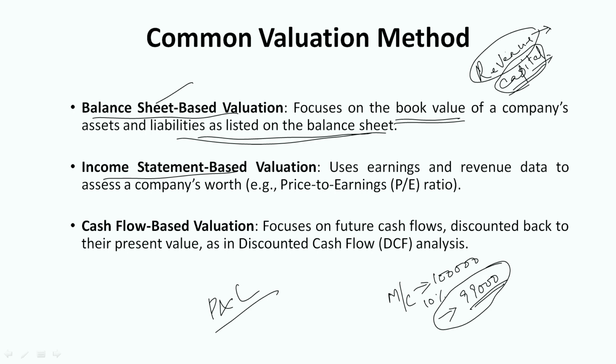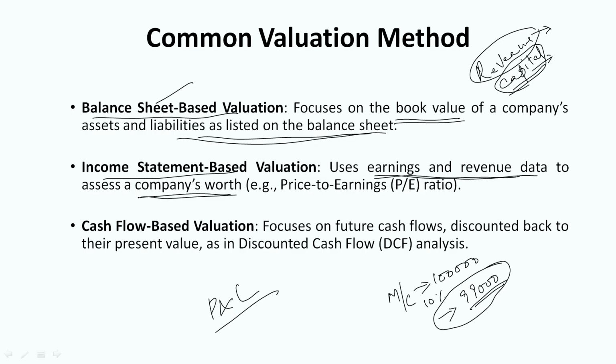Okay. So, now when I am coming to the income based valuation technique, as I told you, this talks about the day-to-day activities in terms of income and expenditure, whatever you have incurred, and this is going to give you the earnings of the company, and based on that you are trying to find out what is the company's worth.